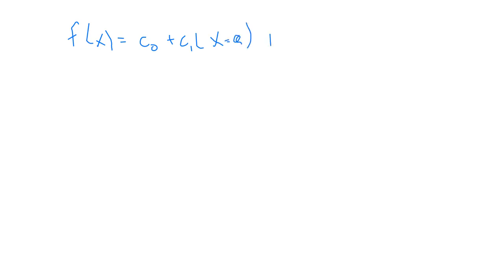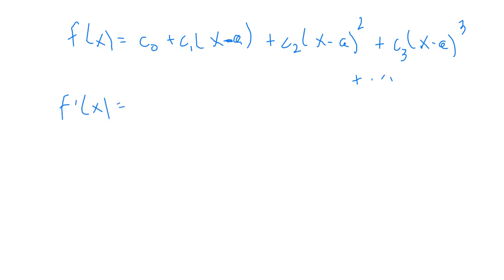The power series, and so forth. So f prime of x was equal to c1 plus 2c2 times x minus a plus 3c3 times x minus a squared.